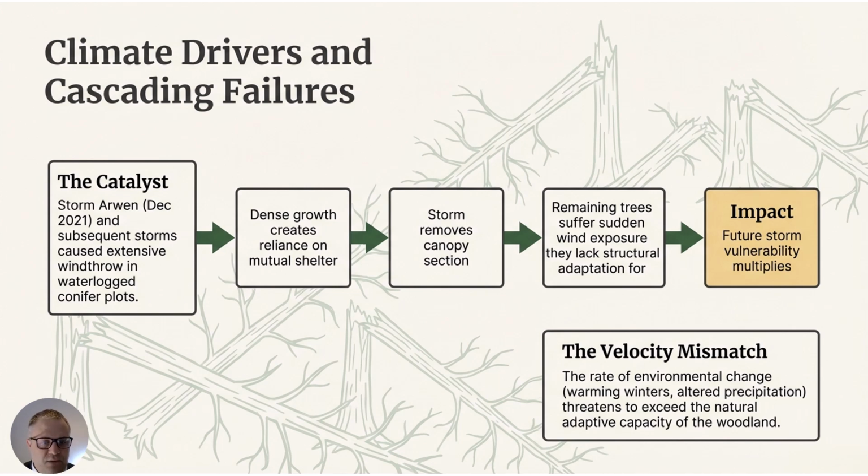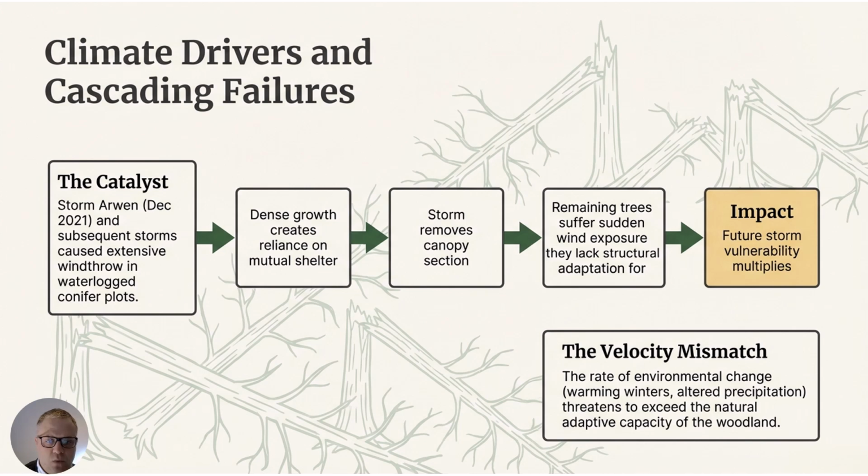What we found is that dense growth areas create way more reliance or mutual shelter, so that the trees amongst each other and the rooting systems bind and create a strong defense for future storms. But as soon as you remove trees and create open areas, you're opening up wider spaces for the strong winds to push through.